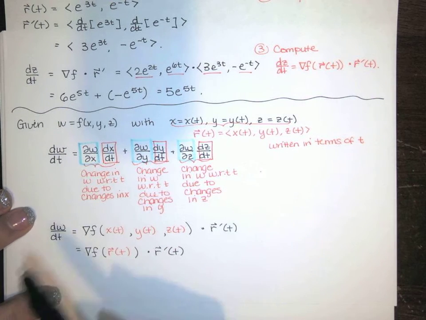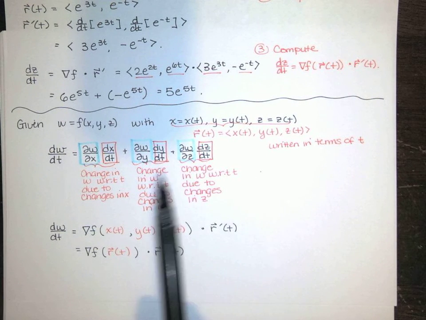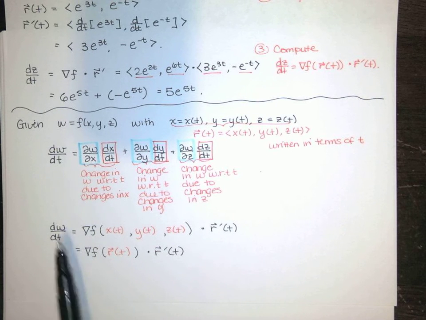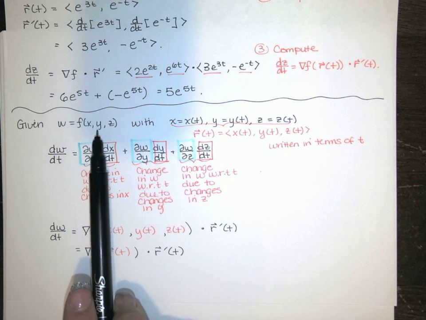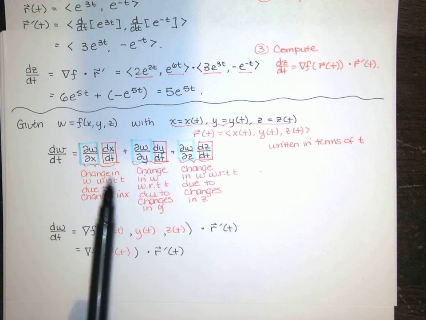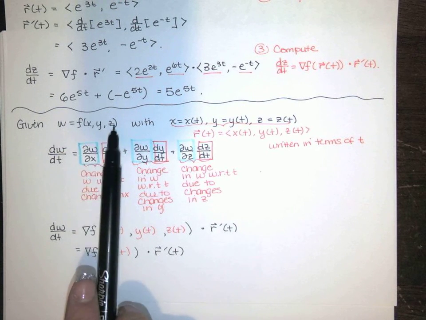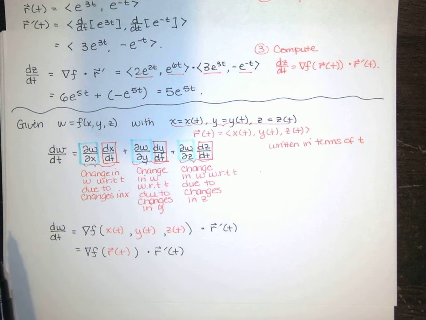So this is our second version, our second case of the single variable chain rule. It's single variable because the new function depends entirely on t when we're done, because I replaced all the x's with x of t, y's with y of t, and z's with z of t. But since w originally had three components, x, y, and z, the chain rule has three terms.